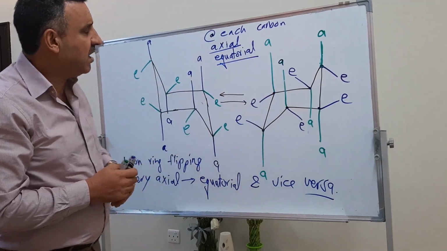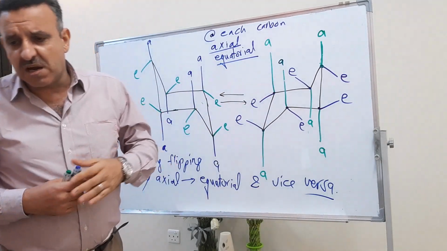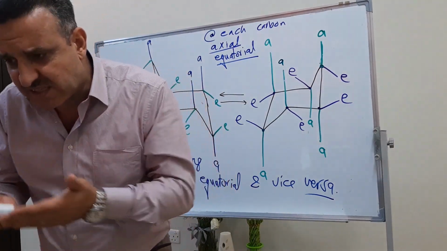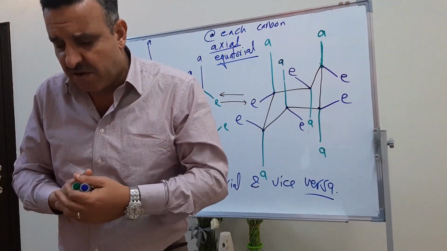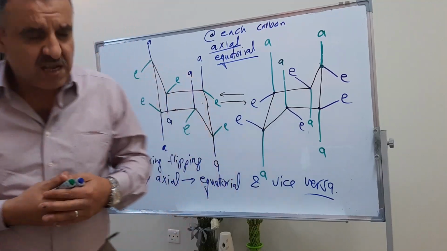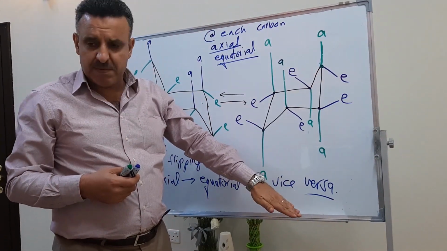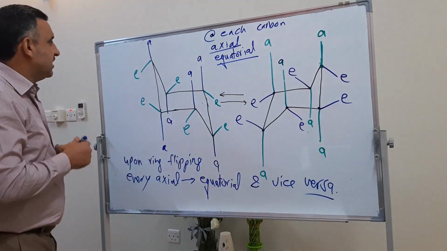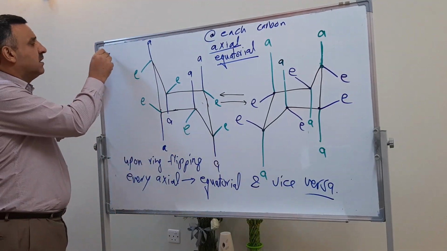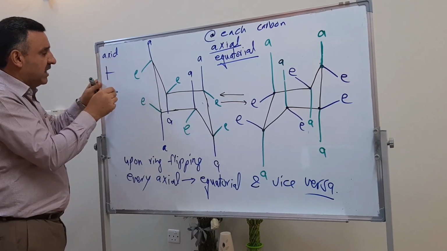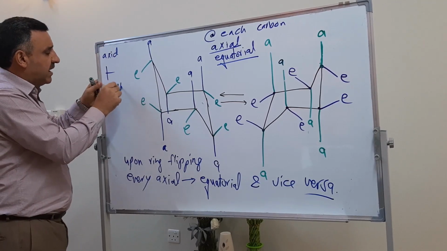Axial bonds are the bonds which are perpendicular to the average plane of the system. The average plane of the cyclohexane, these bonds are either fully above the plane or fully below the plane, we call them axial. So they are perpendicular to the average plane.